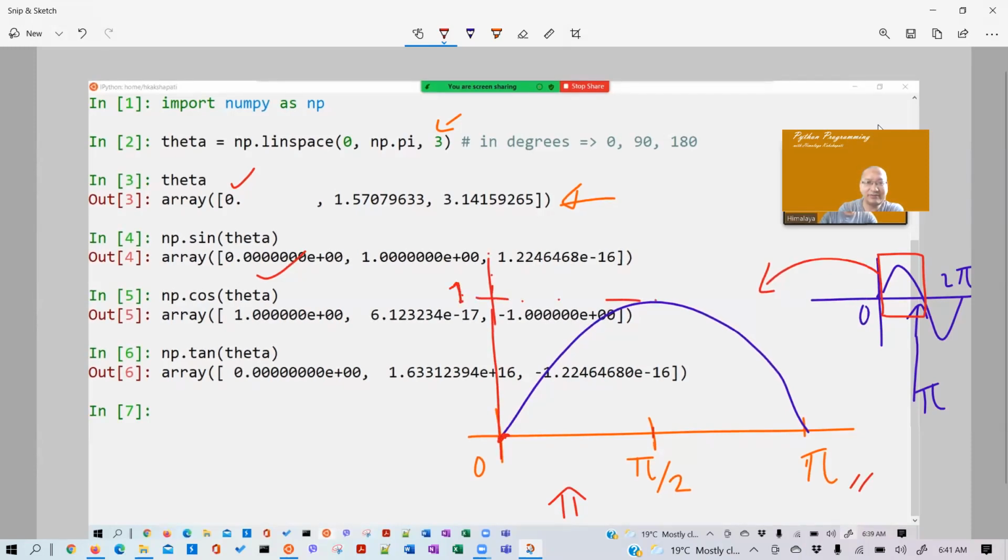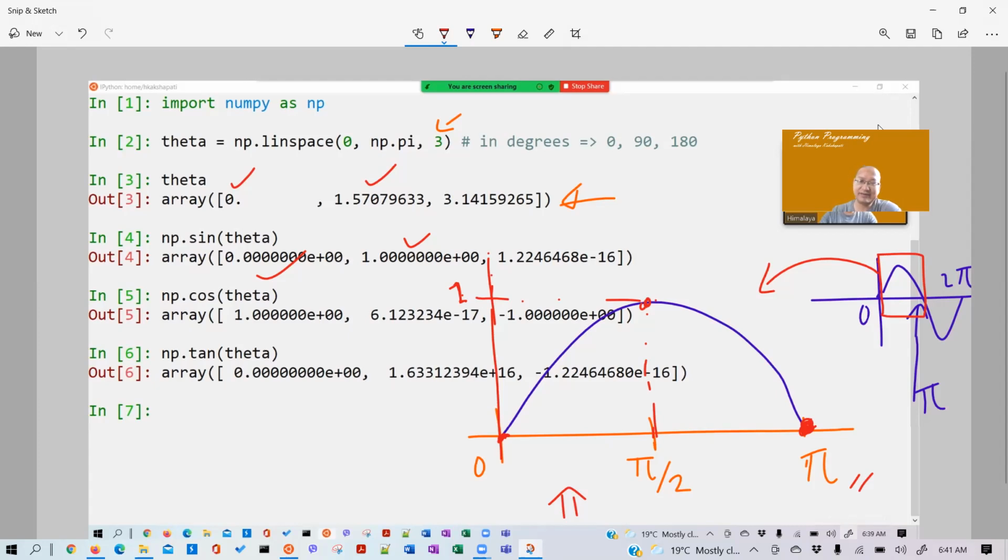So at pi over 2 it is 1. And then at pi, what is the value of y, which is sin? At x equal to pi, y is 0, of course.